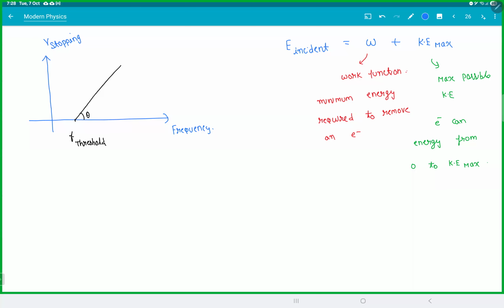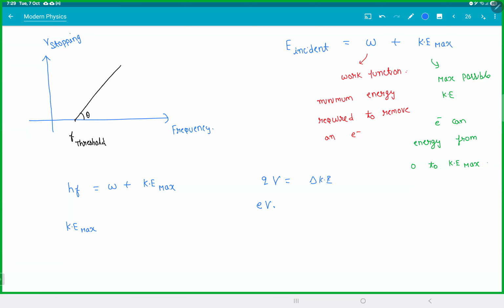So we get two things here. The incident energy will be h times frequency equal to work function plus KE max. That is one equation. And KE max is also equal to, again, get the definition of V stopping potential: the potential required to stop your fastest moving electron. That means charge times voltage difference will be the change in kinetic energy.